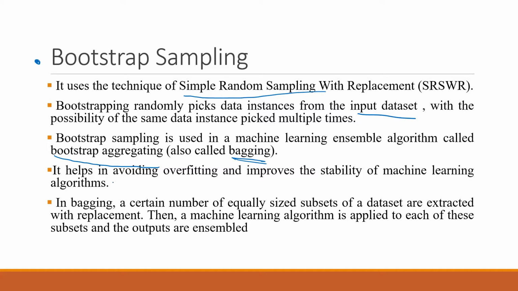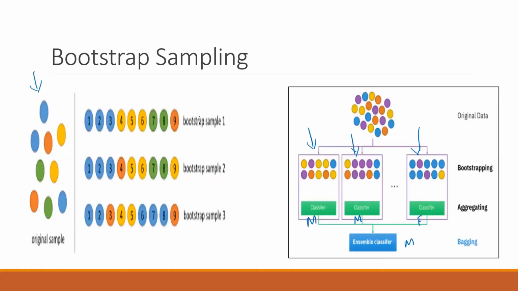So it helps in avoiding overfitting in a way, because now you are trying to work with the samples and not with the original data set every time. So you are trying to get rid of the overfitting, because overfitting happens when you try to remember, or what we say, cram all of the data set at once.